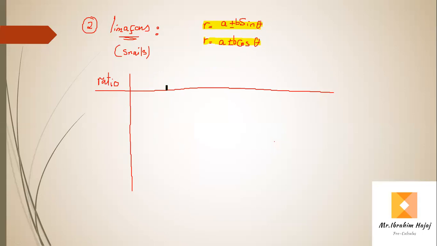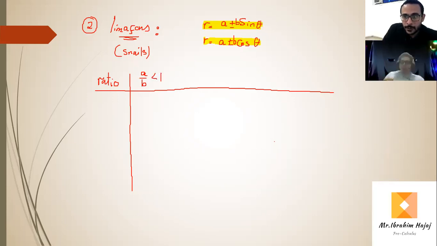So we have to find first the ratio between A and B, because we have four kinds of limaçon questions, or graphs, or curves. The first one, the ratio A over B without signs, is less than 1.